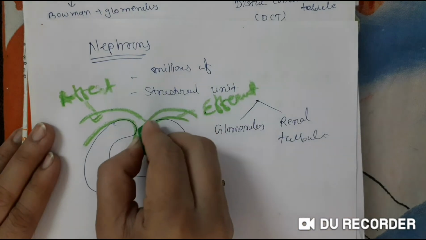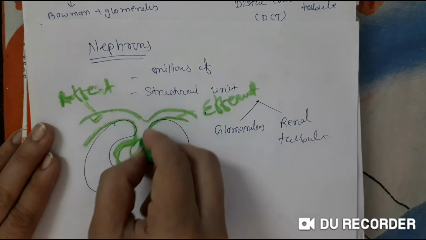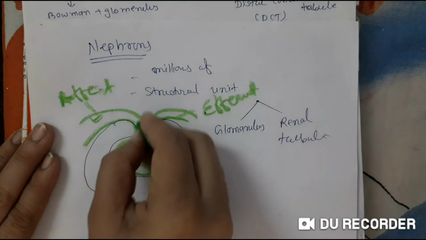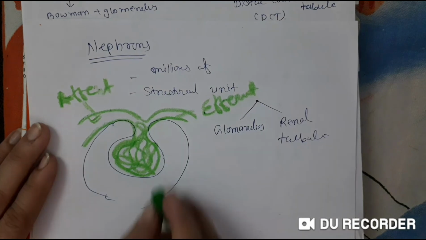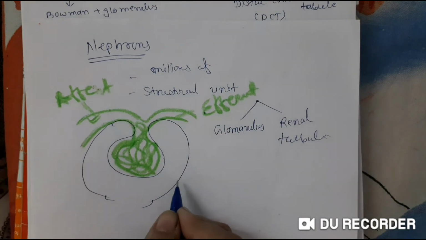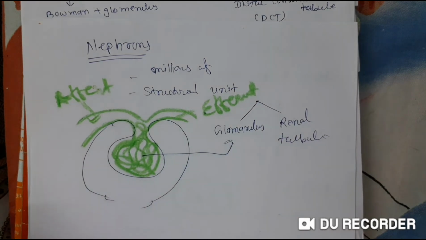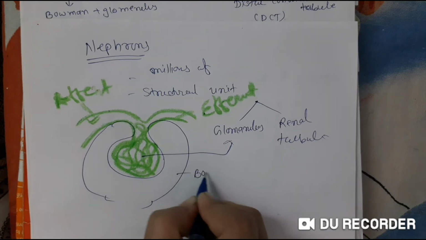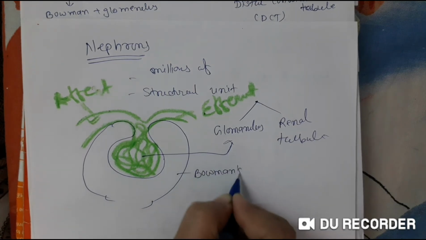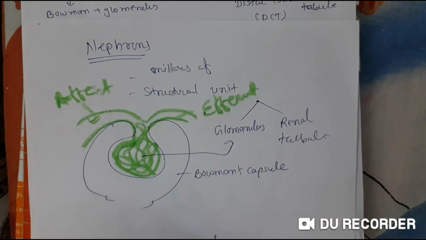Between the afferent and efferent there is a network of capillaries. A network of capillaries inside the Bowman's capsule is the glomerulus, and this is the Bowman's capsule. Combined, they are called the Malpighian tubules.